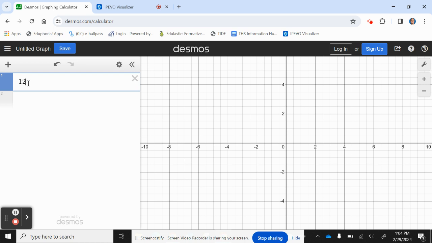So 12 to the 4th divided by 2 to the 4th is 1296.